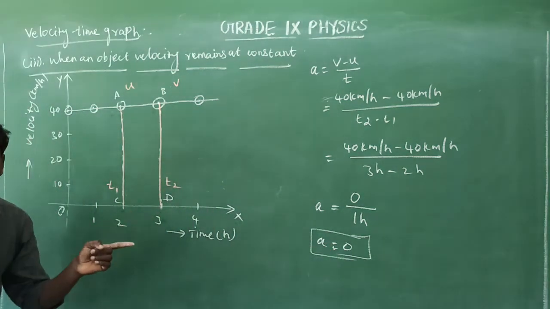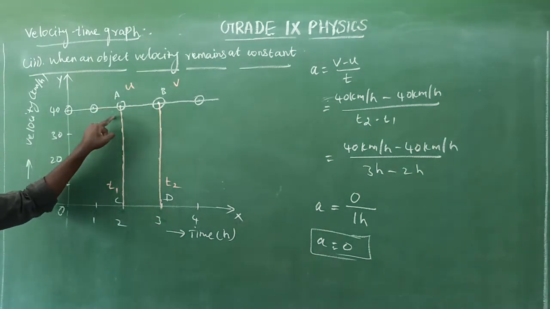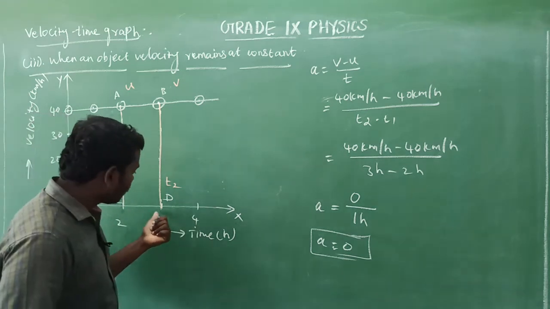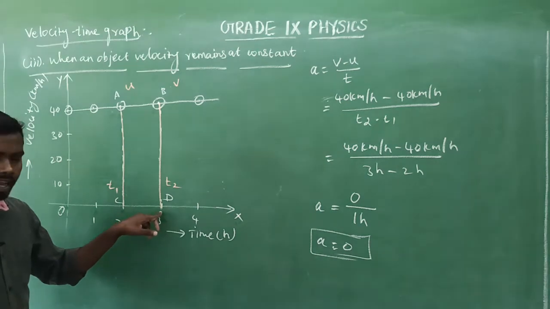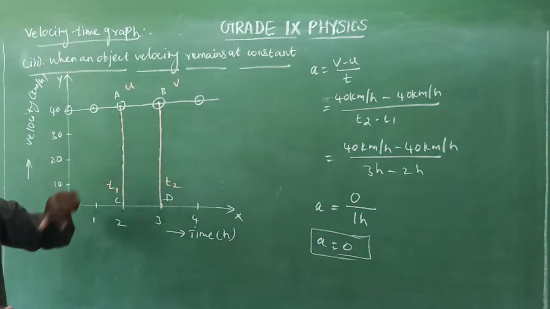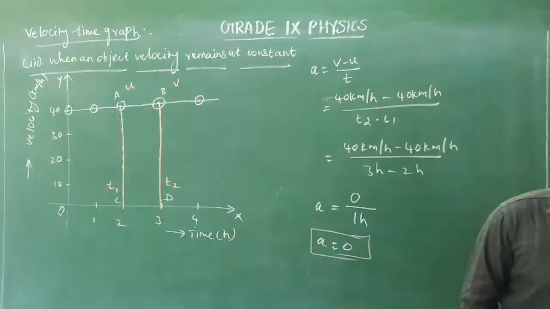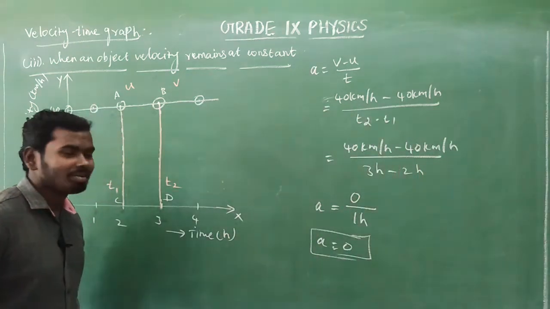Why? Because the final velocity and initial velocity are both the same. During the interval of time between 2 hours and 3 hours, the velocity remains the same, 40 km per hour. So the acceleration becomes 0.